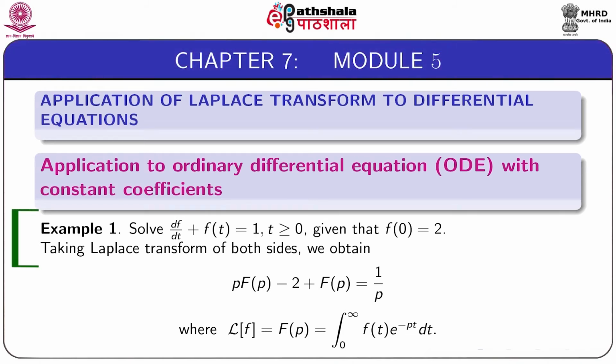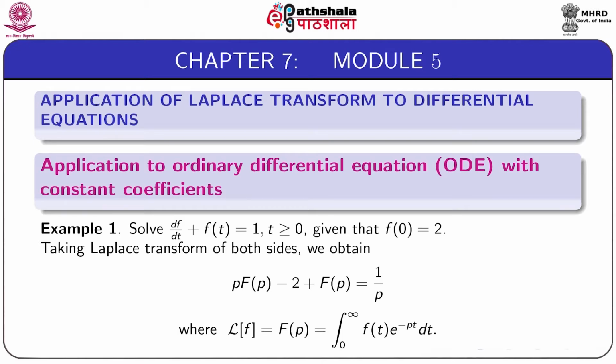To solve this differential equation by the method of Laplace transform, we take Laplace transform on both sides of the differential equation. That is, we multiply both sides of the differential equation by e to the power minus pt and integrate with respect to t from 0 to infinity.